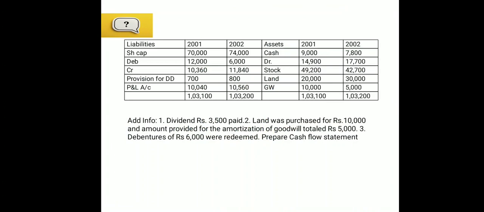Fine. The second additional information is given: land was purchased for rupees 10,000. If we cross-check with the balance sheet values, 20,000 and 30,000, we have already extracted this information. We have already assumed that we made an extra purchase of land worth rupees 10,000.